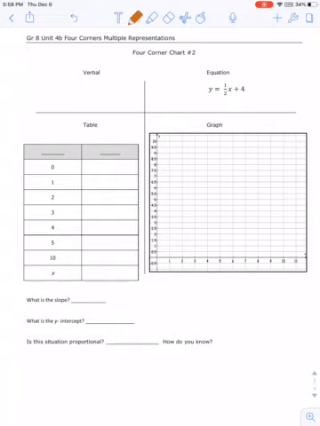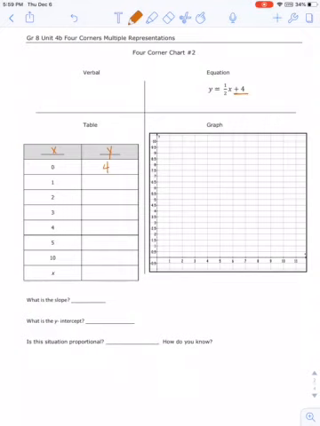Now let's look at number 2. So chart number 2 gives us the equation, and we have to create the other three. So if my equation is y equals 1/2 x plus 4, I'm going to start by creating the table. That's what I'm going to jump to first. So these are my x values, these are my y. A really easy way to get my y values is to plug in 0 and figure out the y-intercept, which we know from the equation would be 4.